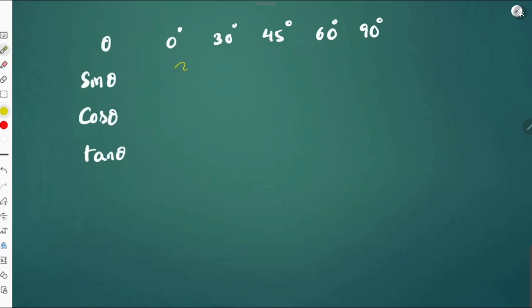Suppose here you need to calculate this one. So just fill the values 0, 1, 2, 3, 4. First write the numbers 0, 1, 2, 3, 4, and divide each of them by 4, and then take the square root.